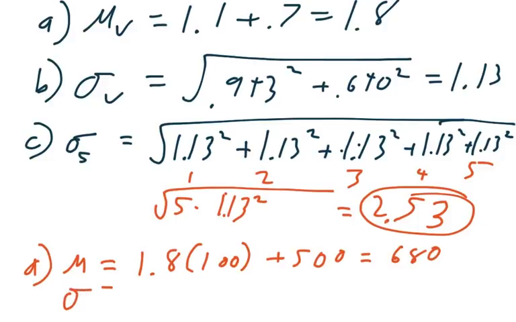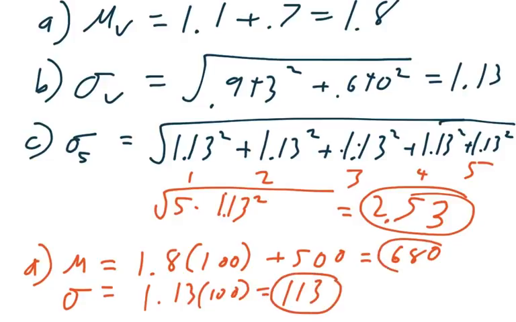The standard deviation, it didn't ask for it, but we may as well do it. It's just 1.13 times 100, which is 113. And we don't add the 500 because adding and subtracting don't affect standard deviation.